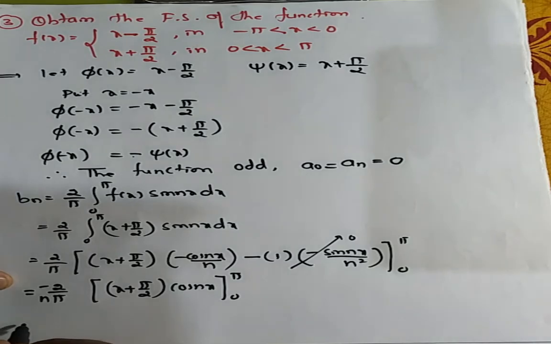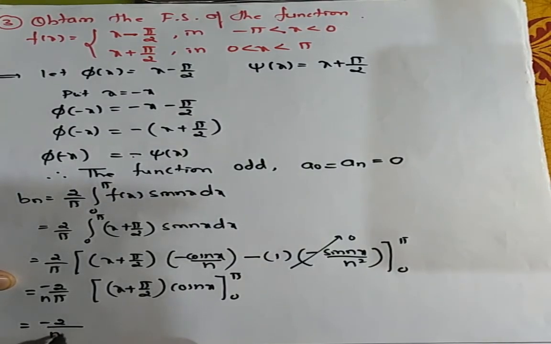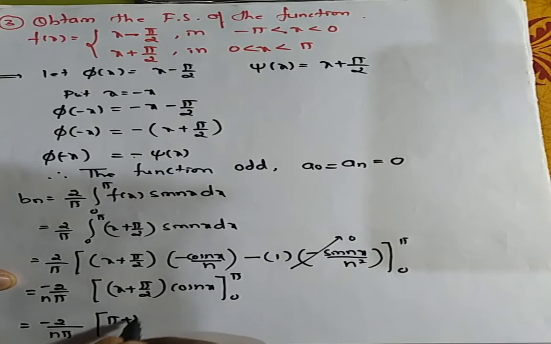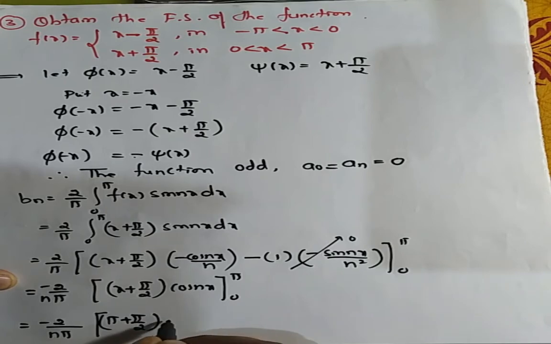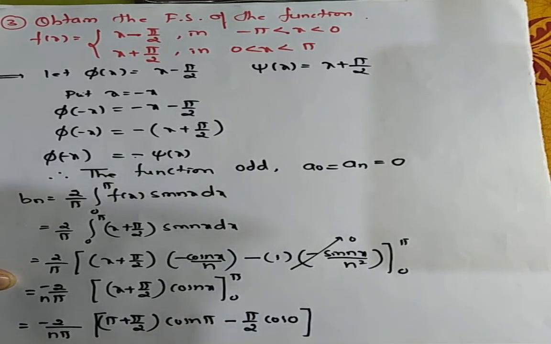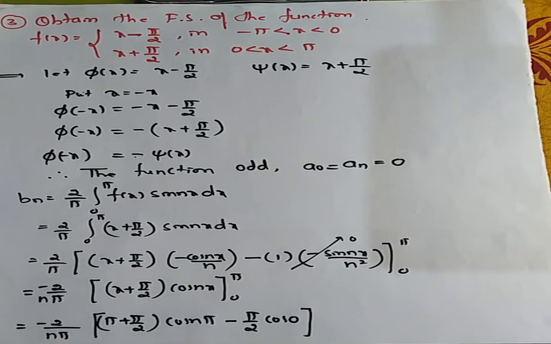Now minus 2 divided by n pi as it is. Now apply upper limit pi: pi plus pi by 2 into cos n pi, upper limit, minus, when you apply the lower limit, it becomes pi by 2 cos 0, because if you substitute, this becomes 0.